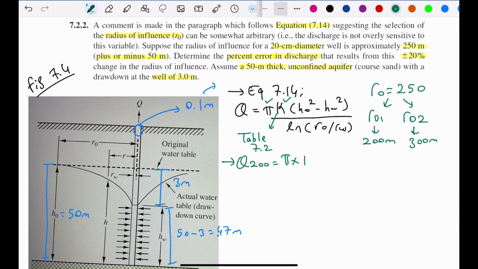So we can get 10 to the power of minus 3 times we have 50 square minus 47 square over ln 200, which is radius of influence, over radius of well, which is 0.1.